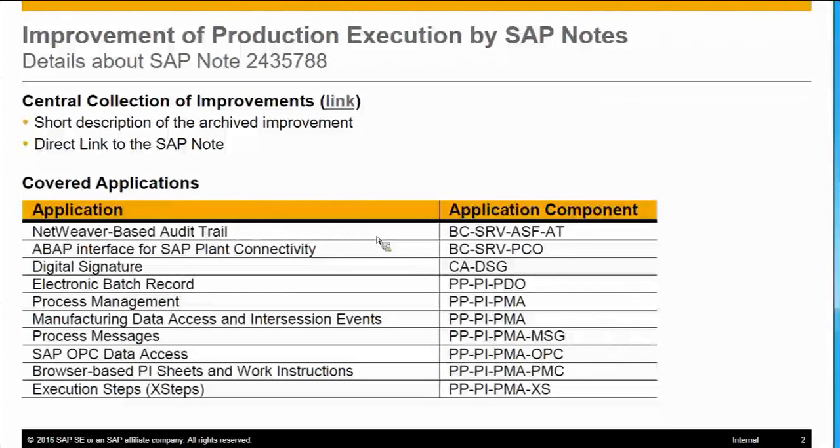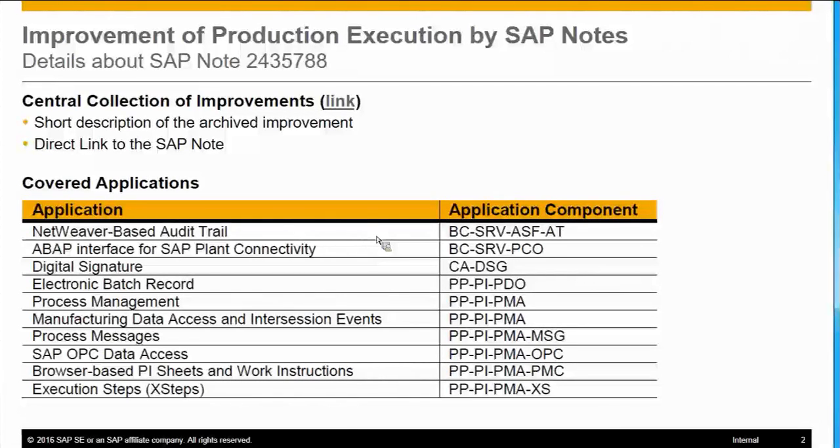There are a couple of applications that we want to cover. So you should see an overview here. We have applications that are also used in the environment of SAP ERP core manufacturing, like the NetWeaver-based audit trail. And also, if you work with plant connectivity, you might be familiar with our ABAP interface, so there also have been some improvements.